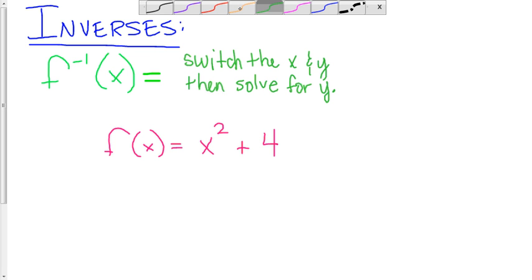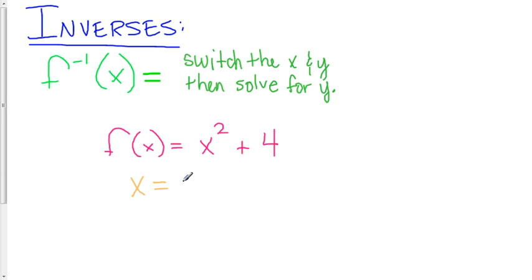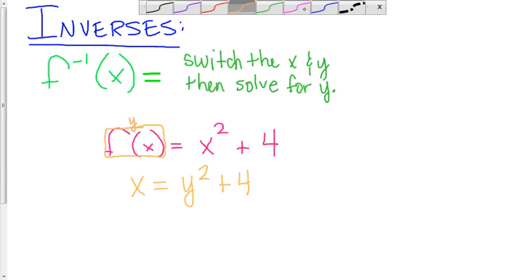So in this case, we would change this to be x equals y squared plus 4 to begin with. Because remember, f of x represents y. So we have to just switch them.